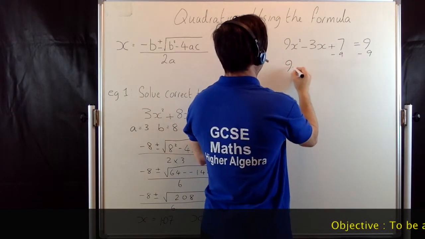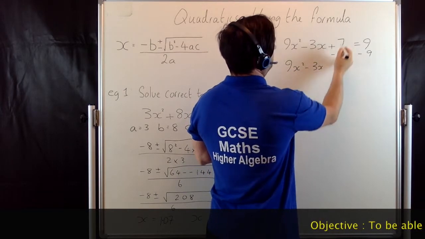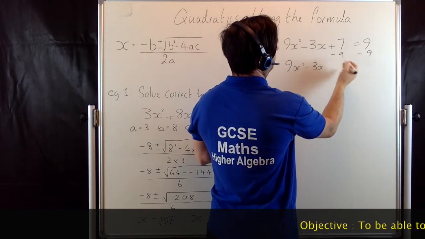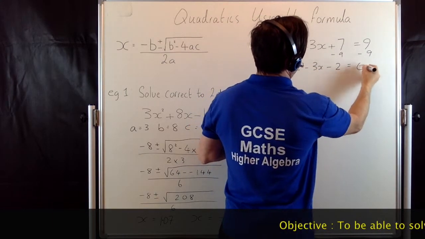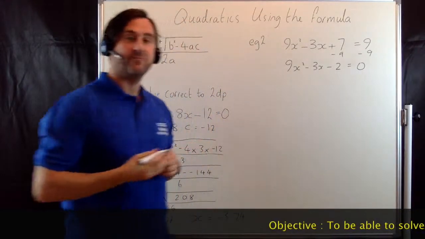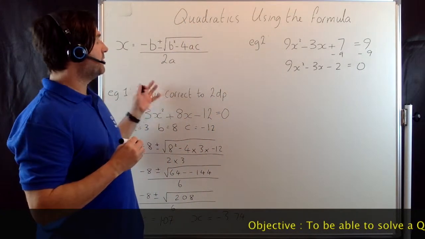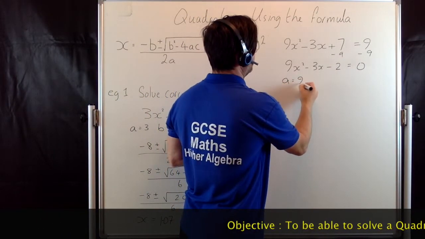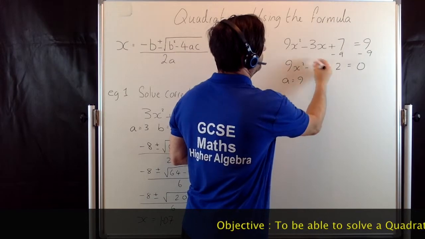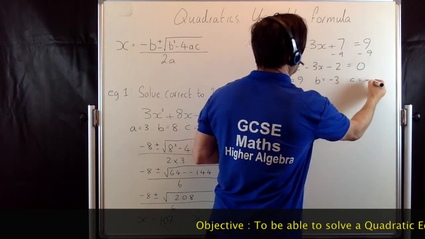So I've now got 9x squared minus 3x, 7 take away 9 gives me negative 2, and that now equals 0. Now we can solve it. So again, like we did with example 1, I write a equals 9, b is going to equal negative 3, and c is going to equal negative 2.